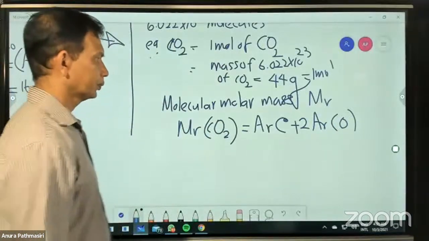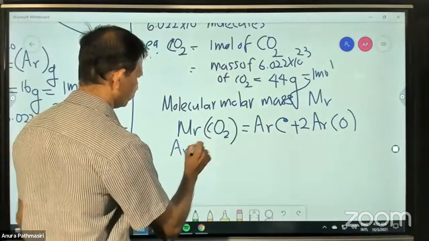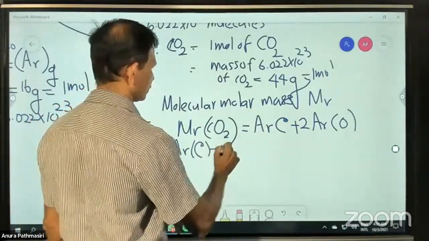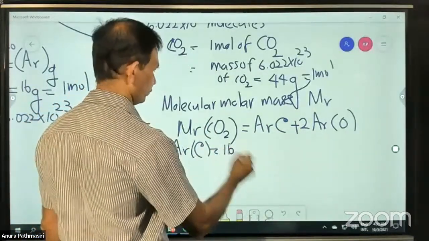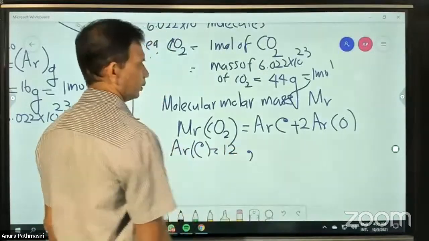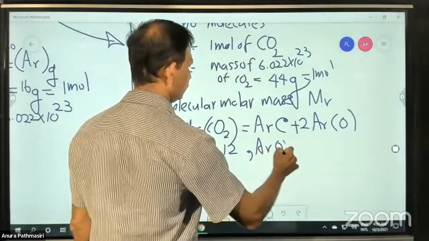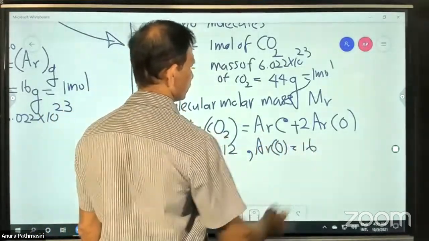Now we know AR of carbon is equal to 12. It is given. AR of oxygen equals 16.